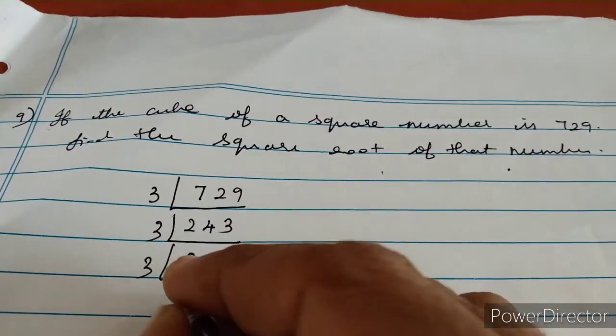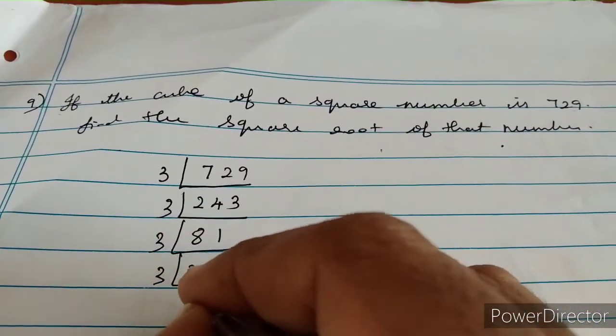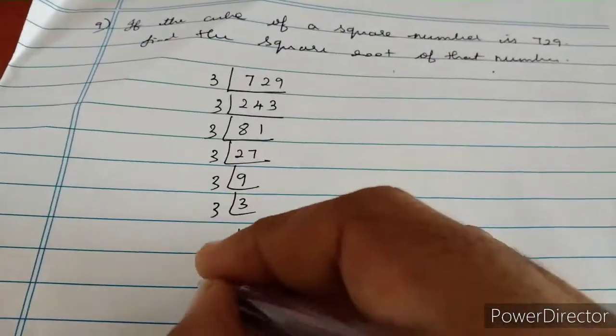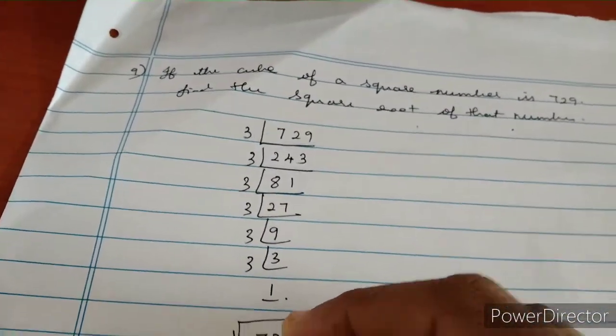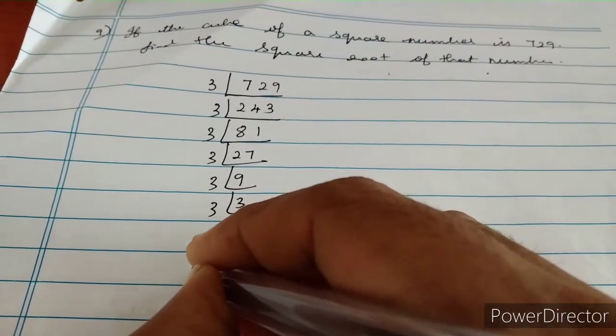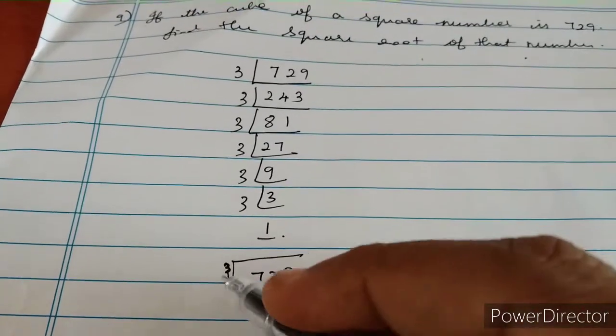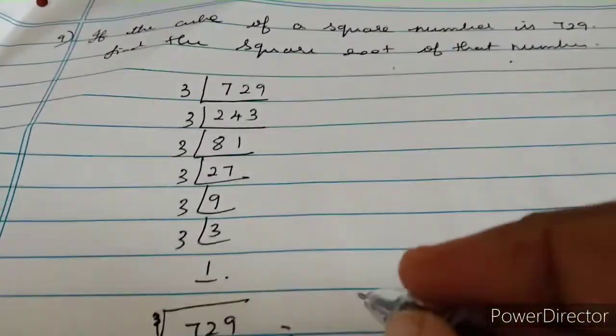Again with 3, 27, 3 9s are 27, 3 3s are 9, 3 1s are 3. For the cube root of 729, write down a 3 outside. If you don't write it, it is taken as square. So please write down the 3.